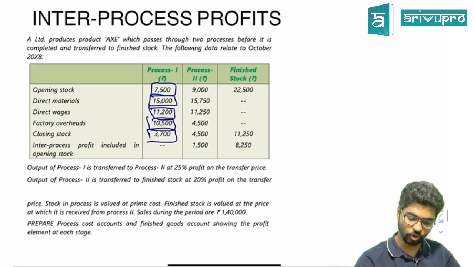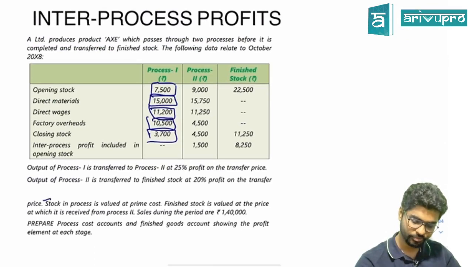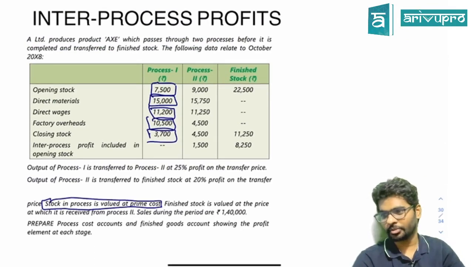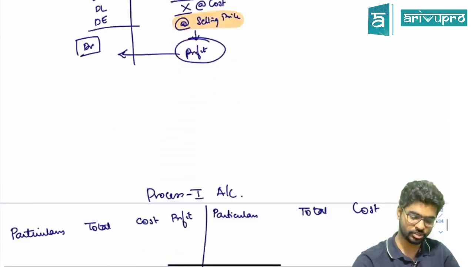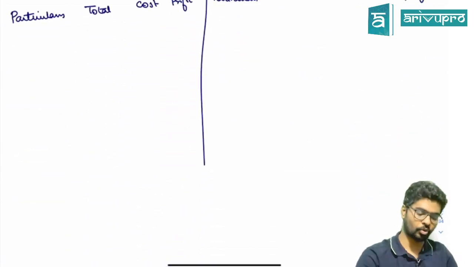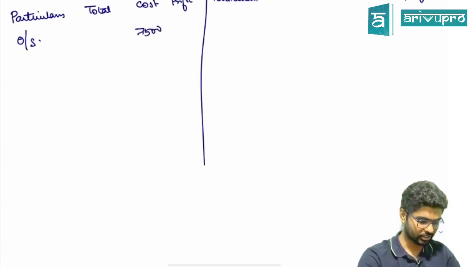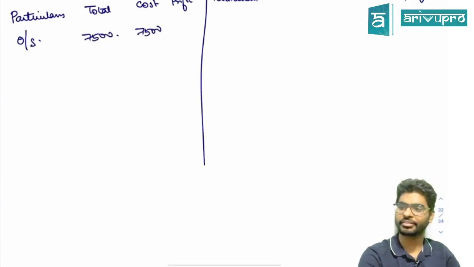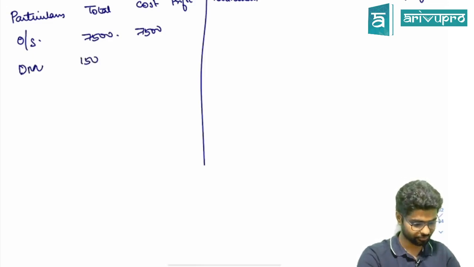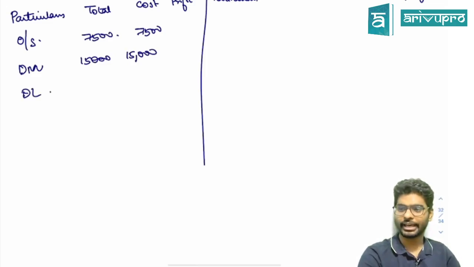The only clue I need to remember is stock in progress is valued at the prime cost. So see here, opening stock, cost is 7,500, there is no profit element included, 7,500. Direct material 15,000, direct labor 11,200.